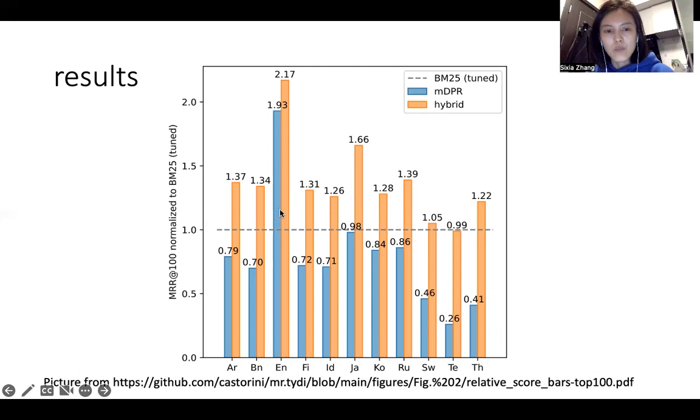Except for English, the dense retriever results for the other languages are all lower than BM25's performance. And with the typo-aware training, it's probably a similar trend.